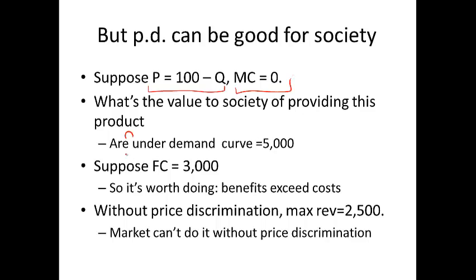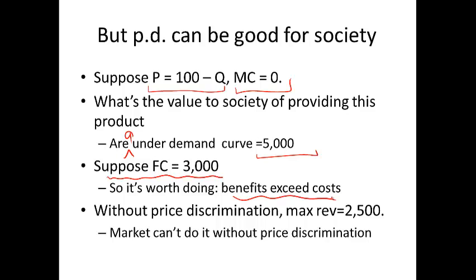That's going to be the area under the demand curve, which, for this demand curve, is 5,000. So the full area under the demand curve is a measure of the benefit to society of making it available. Now suppose the fixed costs of making it available equal 3,000. Well, what's important about that is then the benefits are bigger than the costs, and so this is something that's worth doing. It would be a good thing to do.